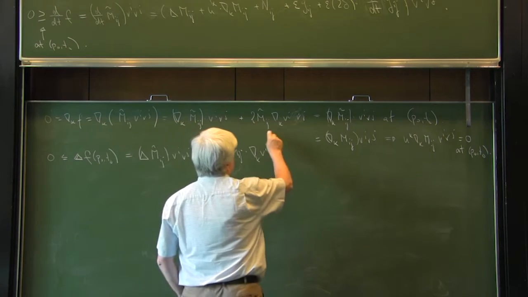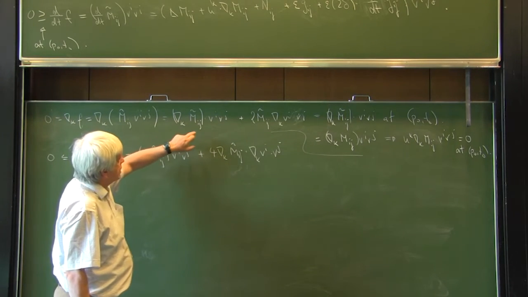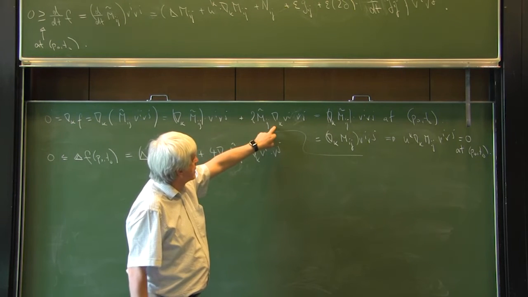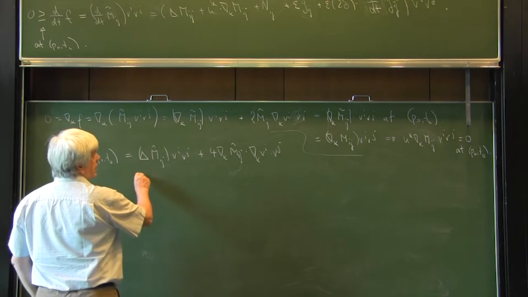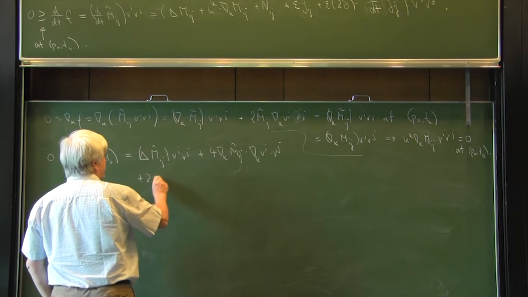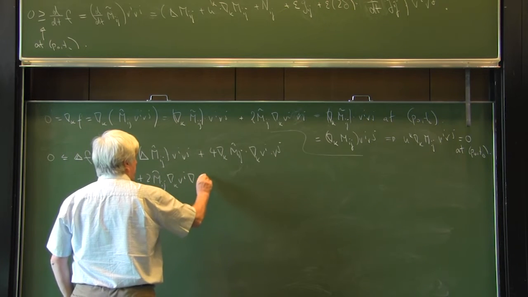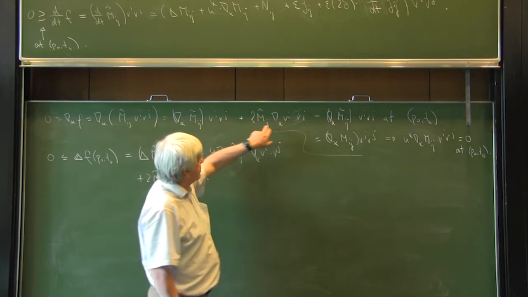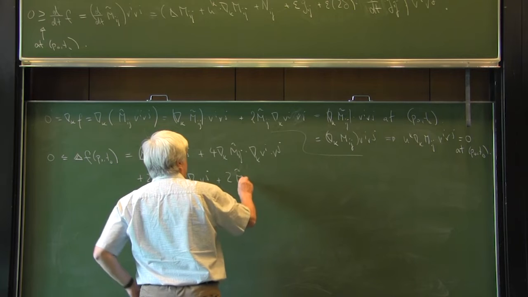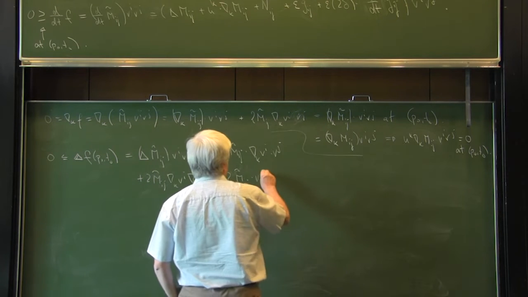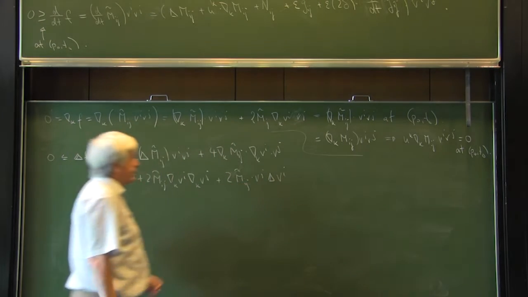And so this goes here, but then there is one term where the derivative falls onto this one, so there's a term plus 2 m tilde ij gradient k vi gradient k vj. And finally there's a term where the derivative falls onto this one, so we get plus 2 m tilde ij times vj times Laplacian of vi. Okay, that's all we get.